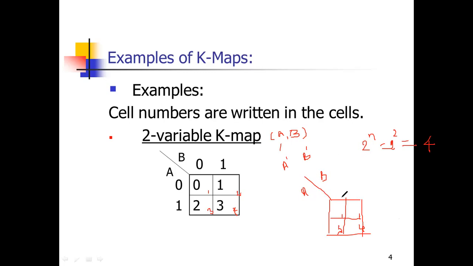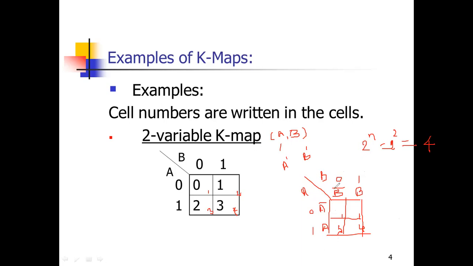For the B side, the complement terms come here, B bar and B. Please listen carefully. And then for A, A bar, A. It means 0, 1, 0, 1.